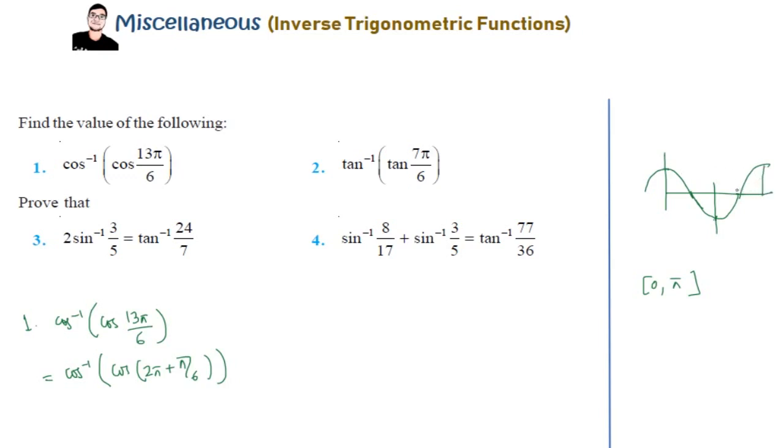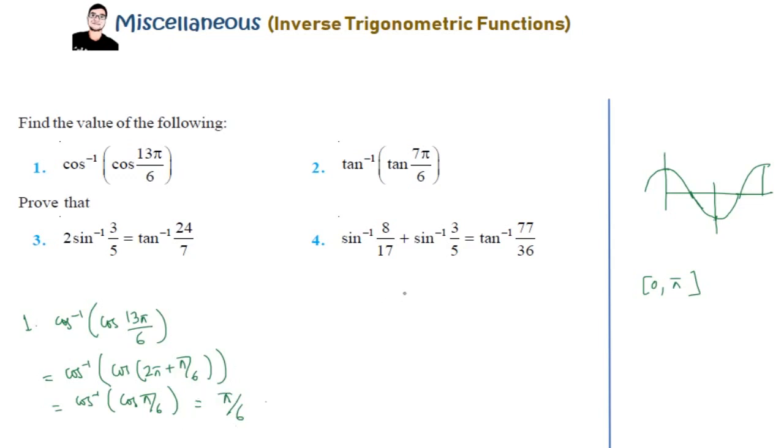So 2 pi is just a cycle of repeat of every trigonometric function. So there is no need to elaborate any more. Cos of 2 pi plus pi by 6 we can easily write as cos pi by 6, because the same cyclic things are happening after 2 pi. So now we have replaced cos 13 pi by 6 by cos pi by 6, and pi by 6 lies between 0 to pi. So we can open it: cos inverse of cos pi by 6 is equal to pi by 6.